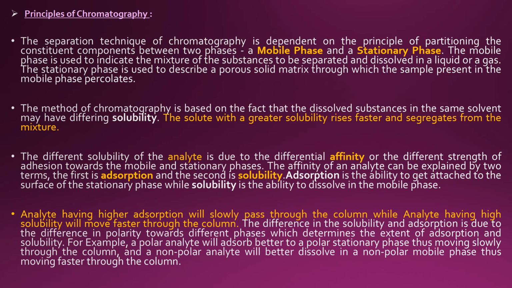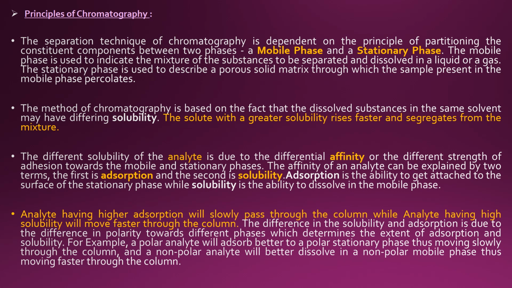The stationary phase is used to describe a porous solid matrix through which the sample present in the mobile phase percolates. The method of chromatography is based on the fact that the dissolved substances in the same solvent may have differing solubility. The solute with greater solubility rises faster and segregates from the mixture.